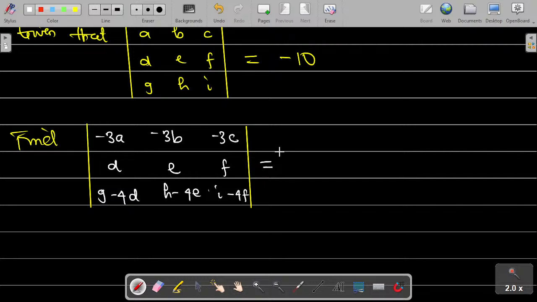First of all, let's assume we want to get the determinant of this. Remember, the signs are plus, minus, plus. So you pick out the first one, minus 3a, into the bracket of E times this, minus the product of this, and if minus multiplies this, that's going to be minus I plus 4F.